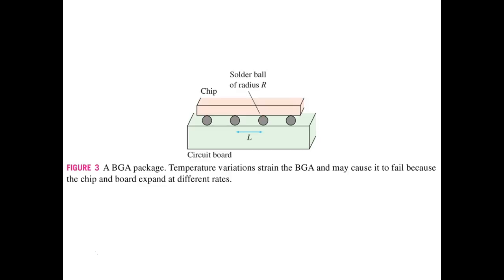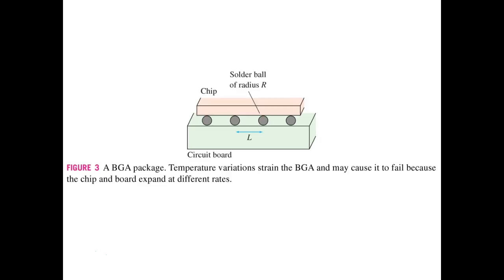So the distance between any two adjacent solder balls is L millimeters. Later they say L is significantly greater than R. I don't know where they say that, but it's going to show up somewhere here. Separated by a distance of L, as shown in this figure.